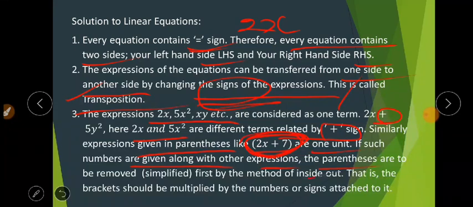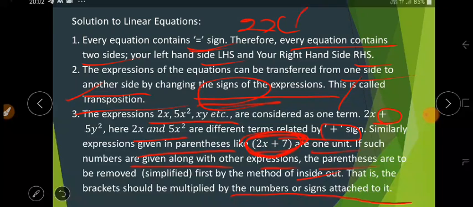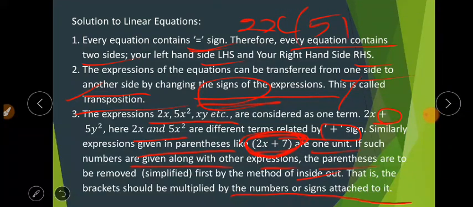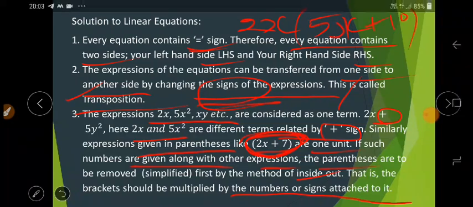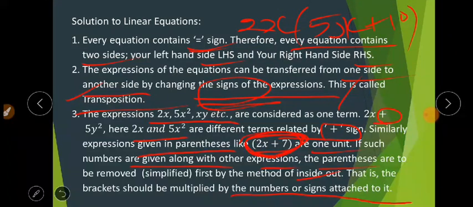First, by the method of inside out. That is, the bracket should be multiplied by the number or sign attached to it. Say for example 2x into (5x plus 10). Here this is one term and this is another one.